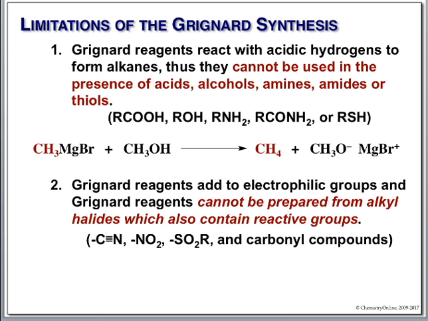So if you have any of this other stuff in your molecule, you can't use a Grignard. Now there's a way around this that we'll talk about at the end of lecture, but the rest of these pretty much are limitations.